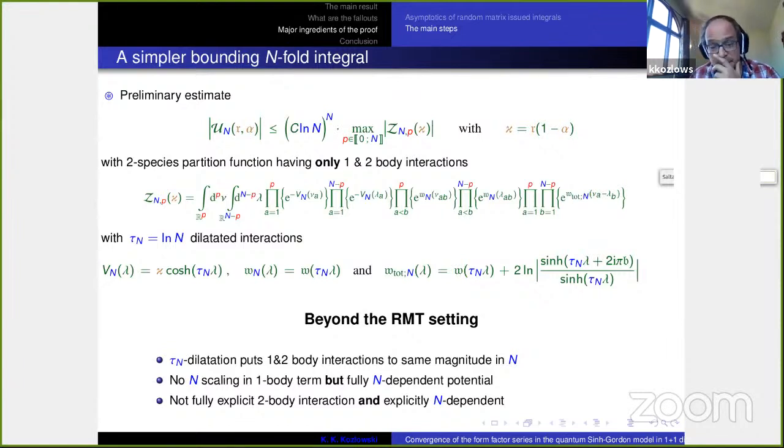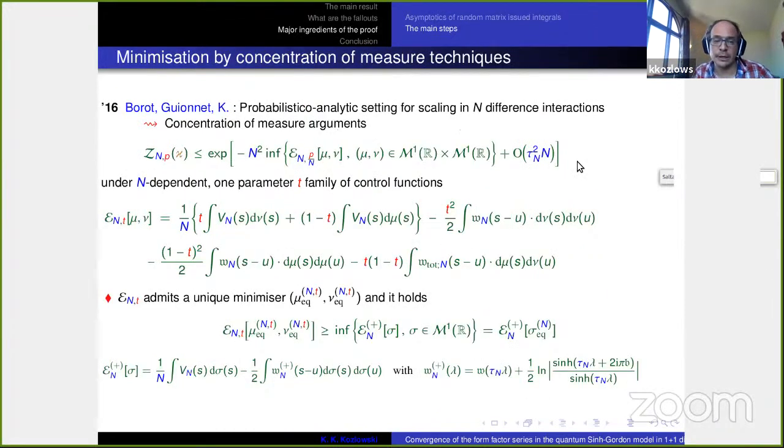So this is the first difference with random matrices: the lack of scaling of the one-body interaction. So you just have an n-dependent one-body potential, n-dependent two-body potential. So you put it in this form, and then you try, on the level of such an n-fold integral, to apply ideas which were fruitful in the random matrix case.